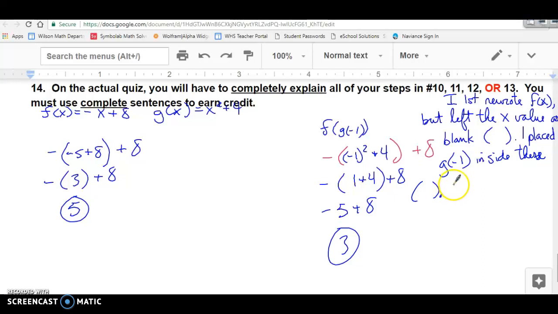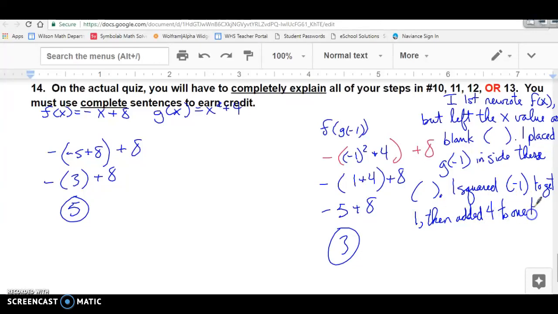Okay. At this point, I squared negative 1 to get positive 1. Then I added 4 to 1 to get 5.